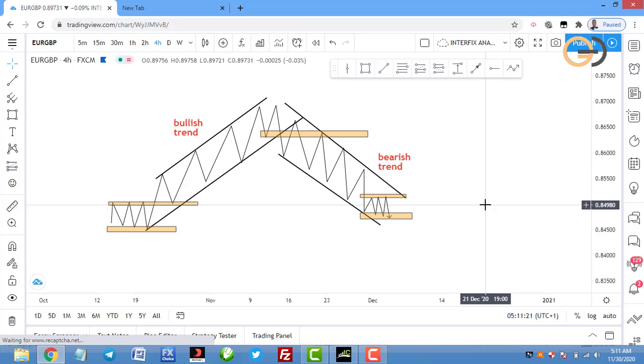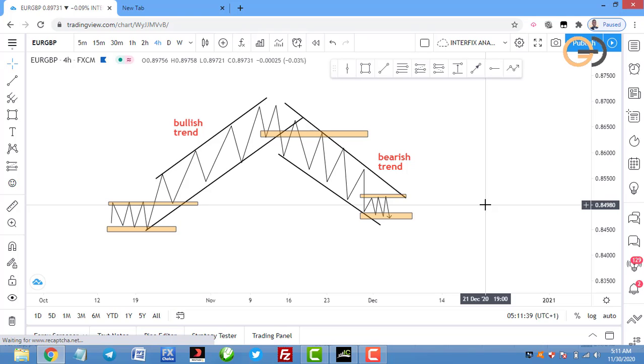Alright, so you must look at the higher time frame, maybe the daily, the weekly, the 4 hours, any of the time frames that is clearer for you according to your trading plan. You need to know if you are a day trader, a swing trader, or a scalper.